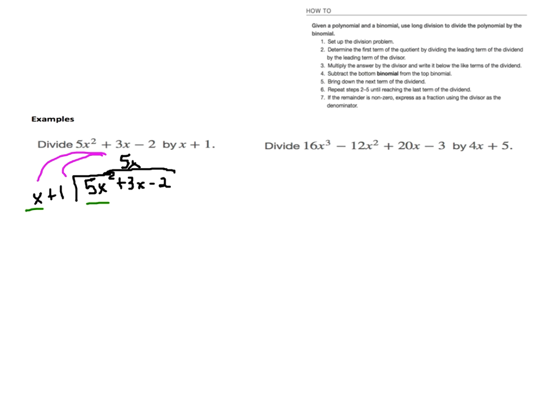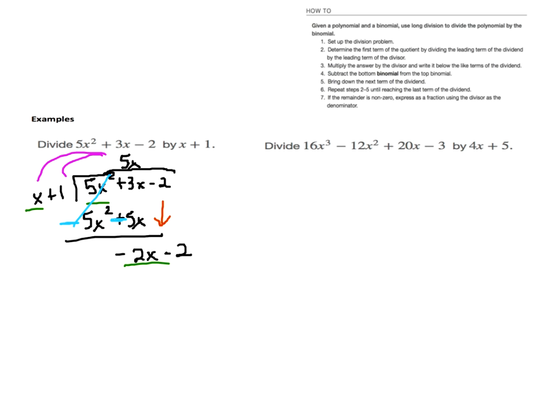I'm now ready to multiply back down. 5x times x is 5x squared, and 5x times 1 is positive 5x. I change my signs. This is negative and negative. Those are opposites and create 0, and 3x and negative 5x make negative 2x. And now I'm ready to bring down, and that is a negative 2.